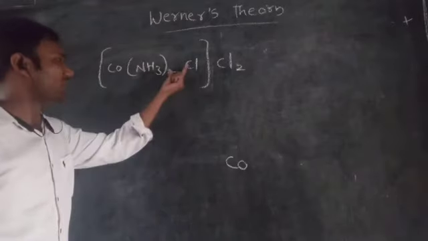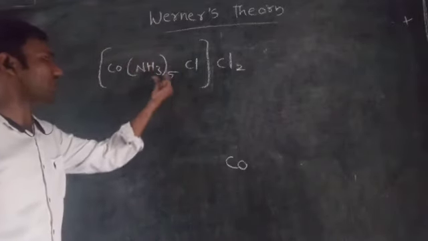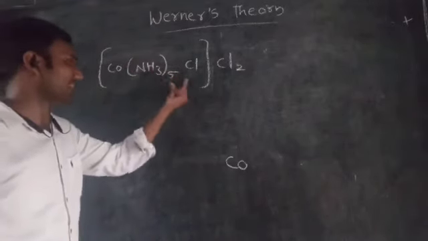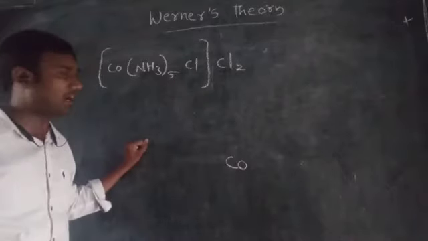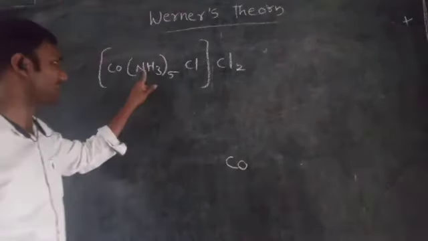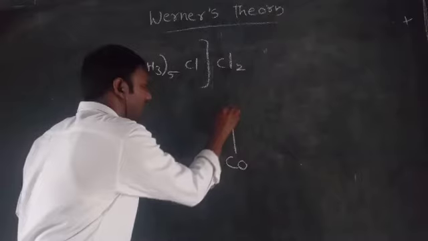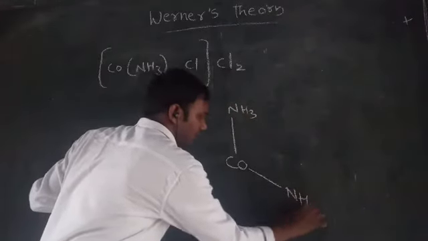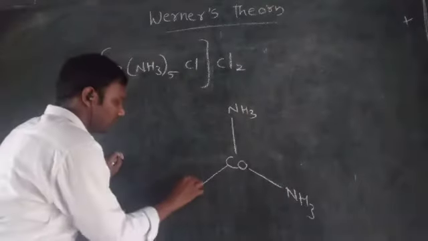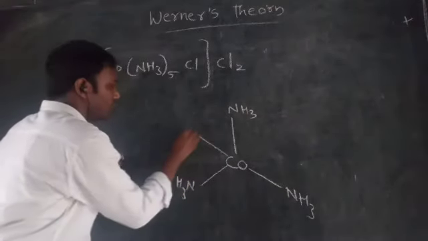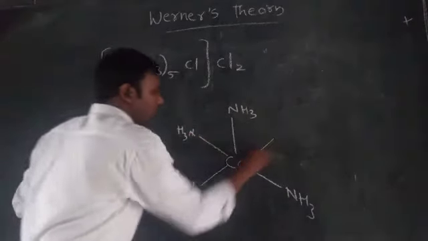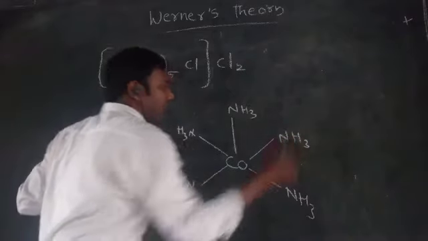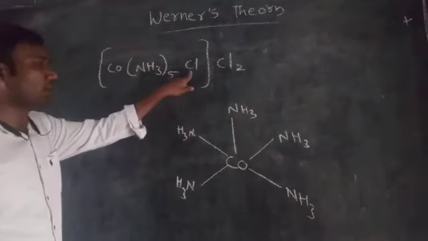The species which donate the electron pair to the cobalt generally come in the secondary valency, and the secondary valency we show with a thick line. That means 5 ammonias we show with a thick line. So 1 ammonia, next, second one, and third one, and fourth one, and fifth one. Totally 5 ammonias, and one more is 1 chlorine.